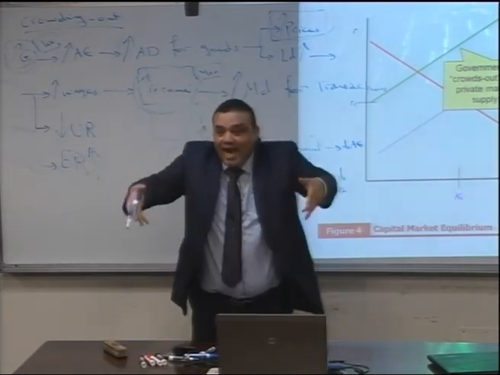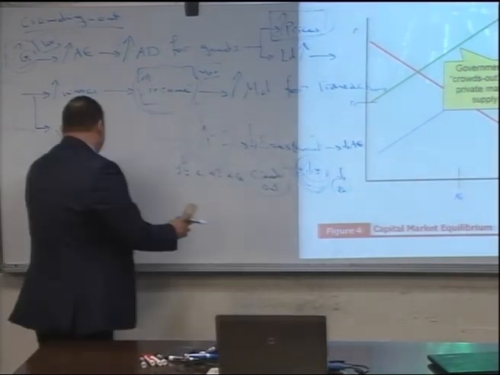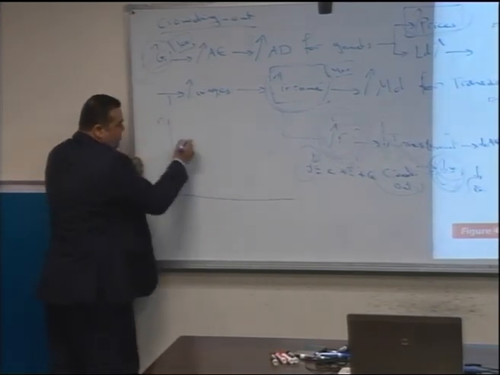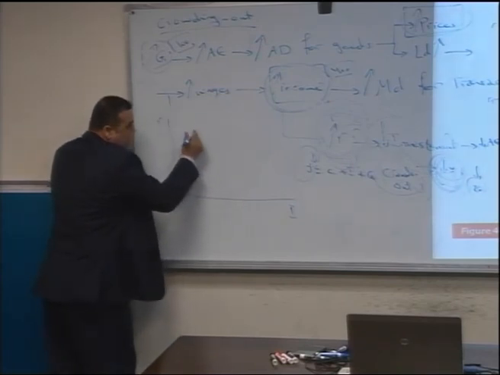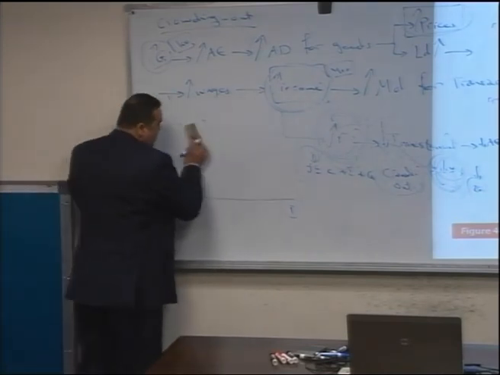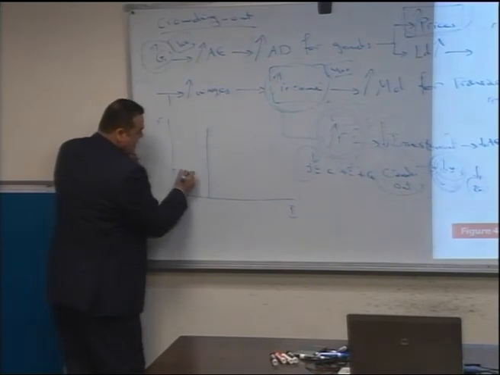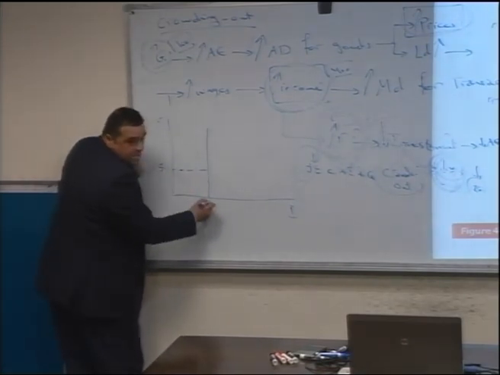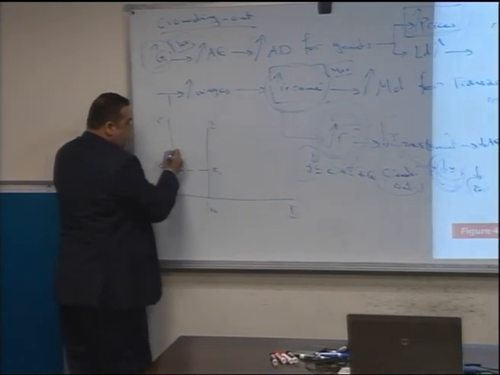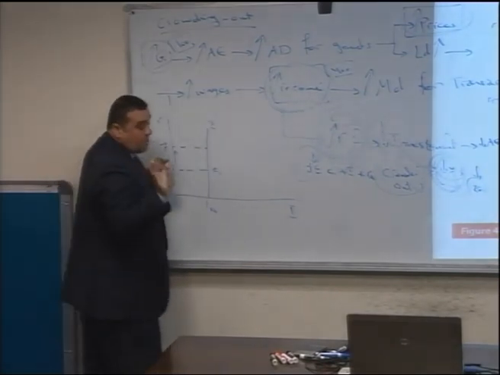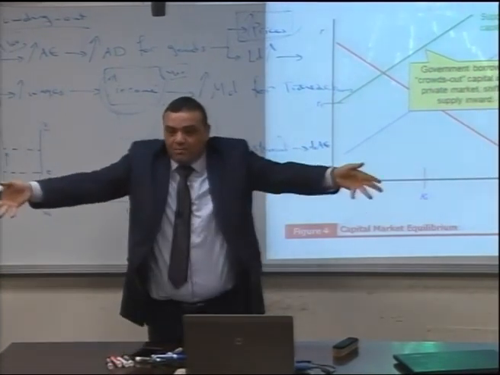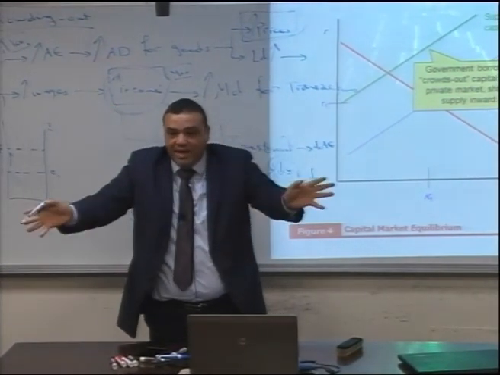It's simple. If the investment curve is vertical, with the interest rate on one axis and investment on the other, and we know this is a negative relationship. If it's vertical, say the interest rate is 5% and investment is $100 million at E1. If we increase the interest rate to 7%, investment stays the same. But it's not always vertical. There is always a relationship between interest rate and investment, a negative relationship.